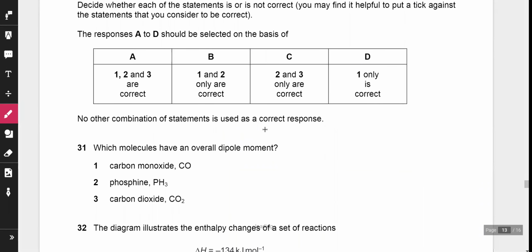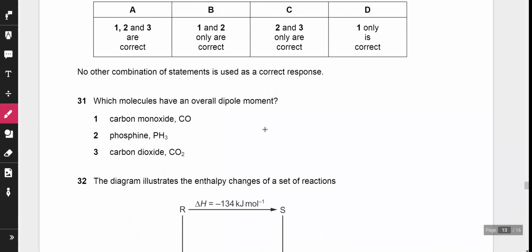The next one is, which molecule has an overall dipole moment? The first one definitely does. Carbon monoxide. The oxygen is pretty electronegative, so that side would be partial negative and this side would be partial positive, so there would be a dipole. Phosphine definitely has a dipole because of its shape as well. It's pyramidal and it has a lone pair on top.